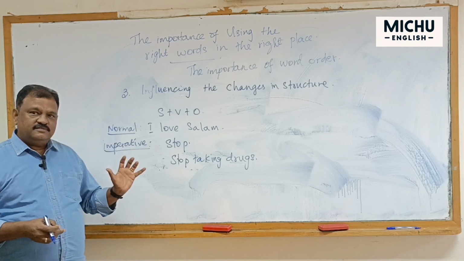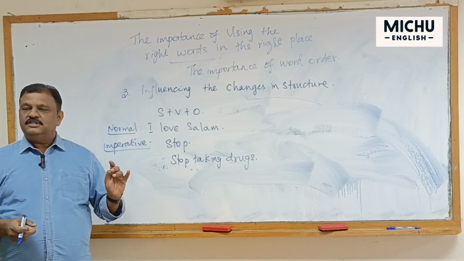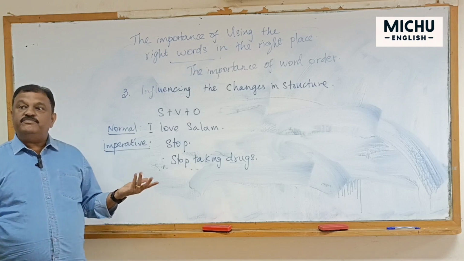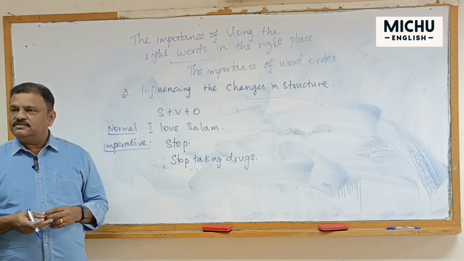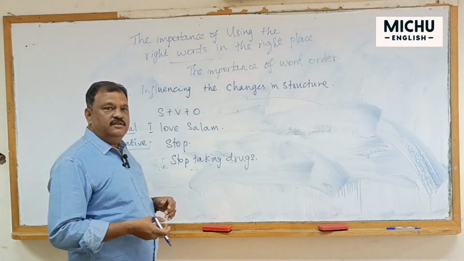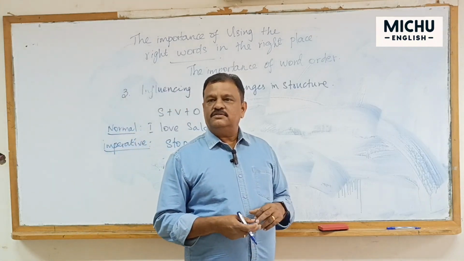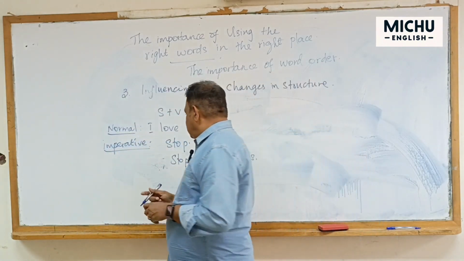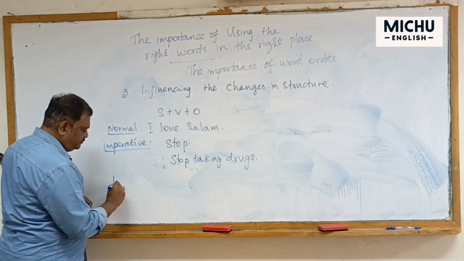Suppose you are asking a question, an interrogative sentence, then you should know how to frame the structure of interrogative sentences. If you are using a verb to start the question, the verb should be in the first place. Interrogative.